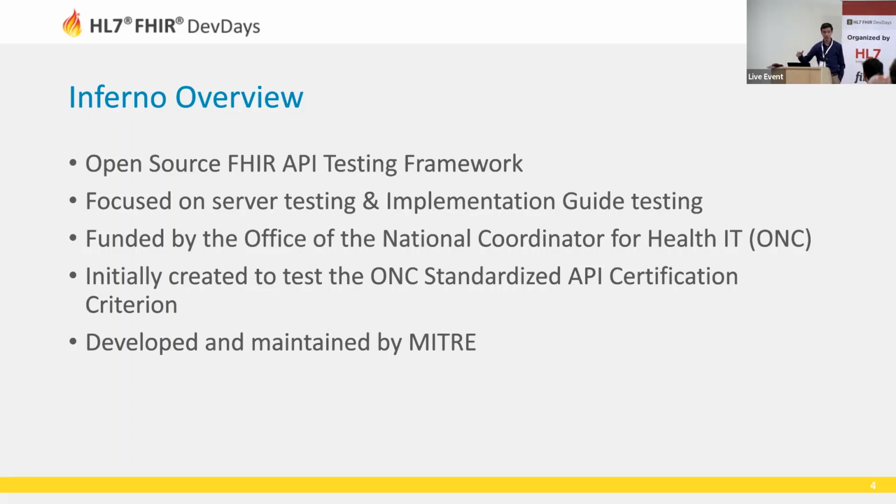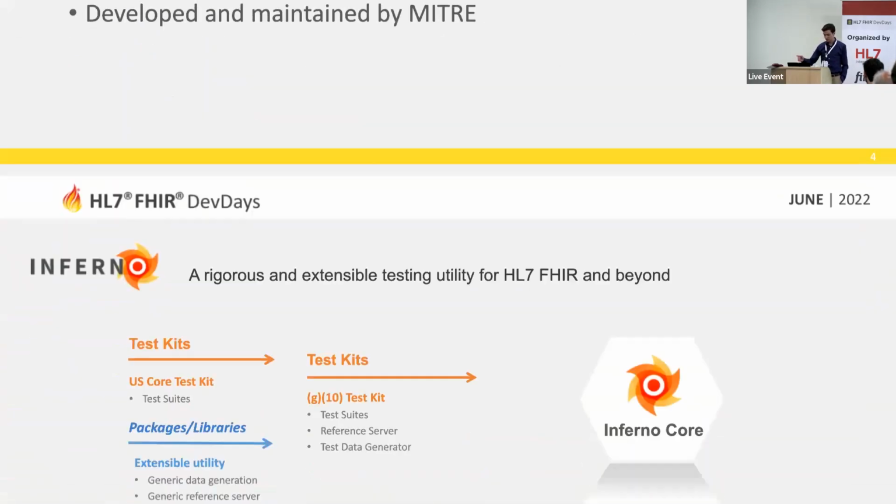We make it available to developers. They can use it as they're developing their software. But Inferno is also used by what we call authorized testing laboratories for official certification, to get the ONC stamp of approval when certified health IT developers are ready to certify. It's developed and maintained by MITRE.